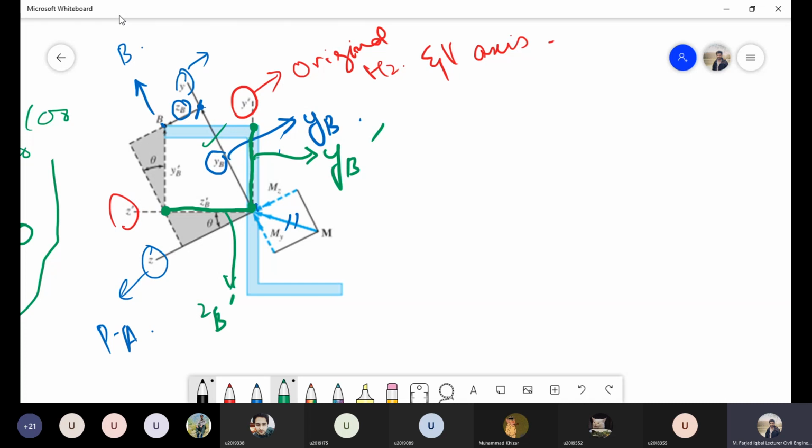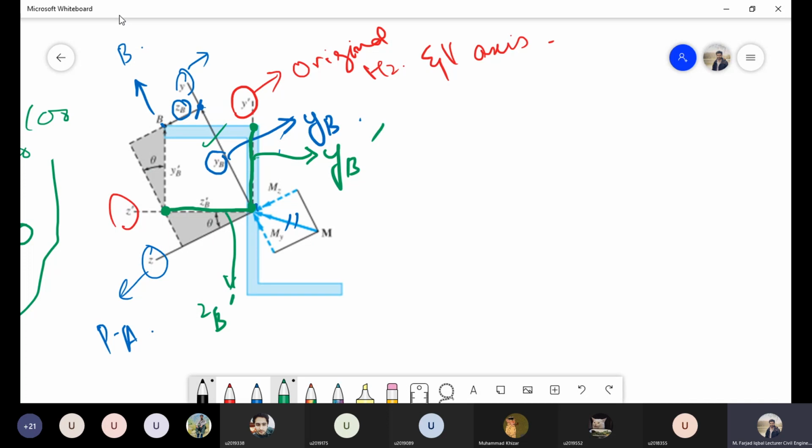Now the idea is that I want to correlate these two distances, yb dash and zb dash, with these inclined distances. The purpose is that once I correlate these, I will have a direct equation to get these inclined distances considering the horizontal and vertical distances. I don't have to transform it again and again.